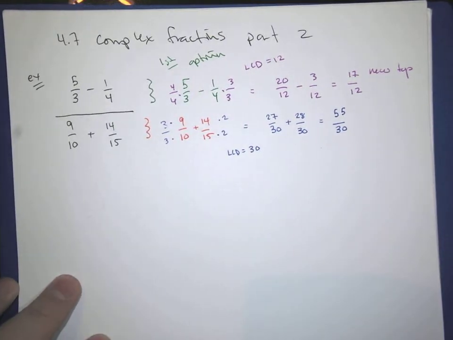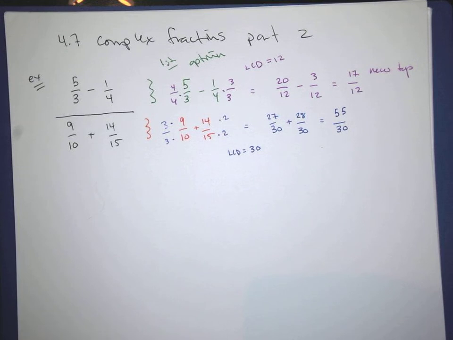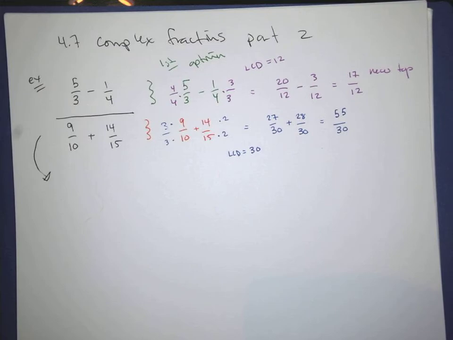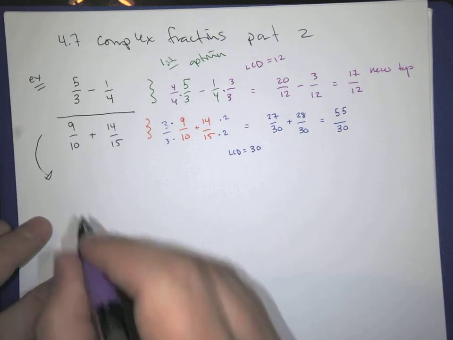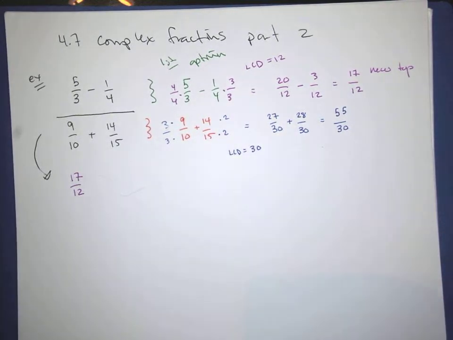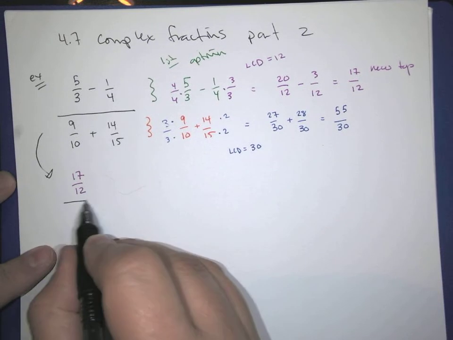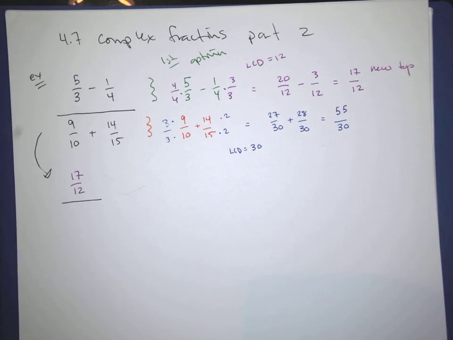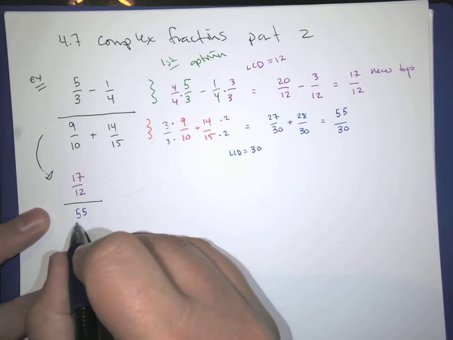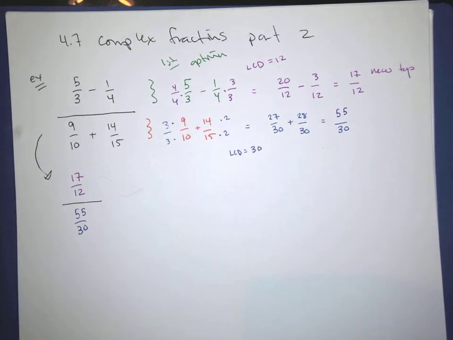So what this means is my overall value, rewritten, keeping the colors consistent, becomes 17/12 divided by 55 over 30.